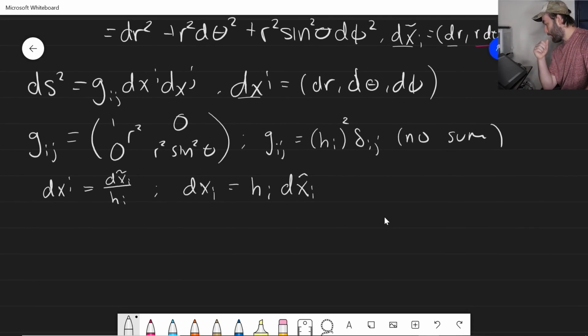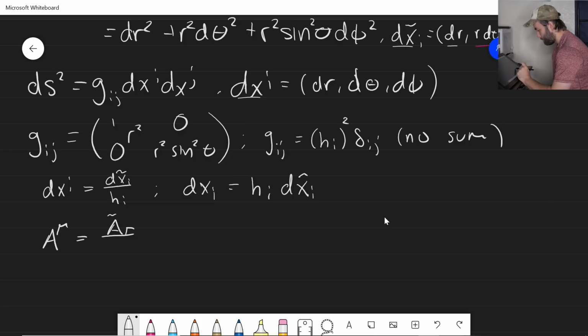And now if we want to write down something like an arbitrary vector, and I'm going to switch over to Greek indices now. If I have some vector A^mu, it's related to the ordinary vector A tilde^mu over h_mu, and A_mu is equal to h_mu times A tilde.